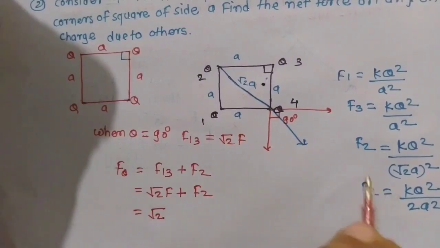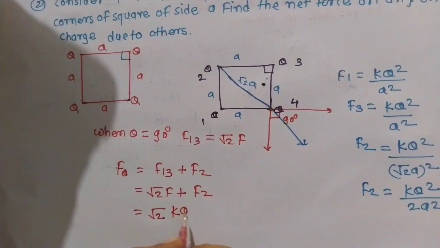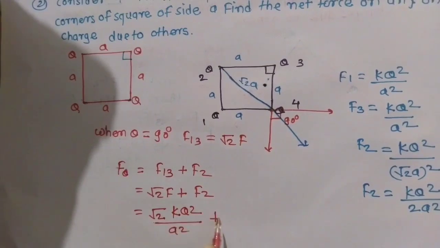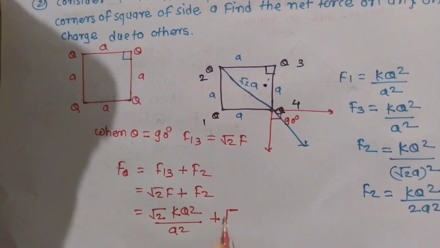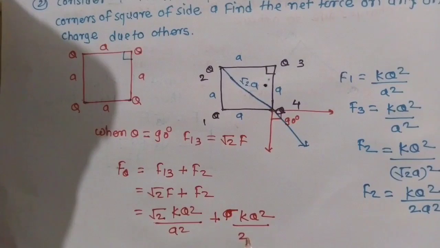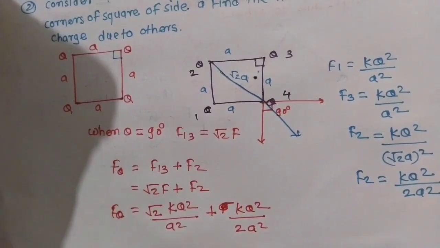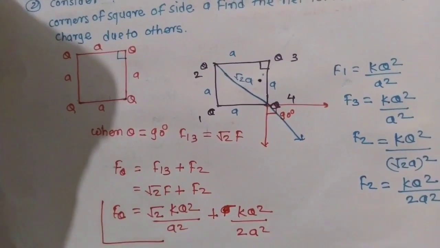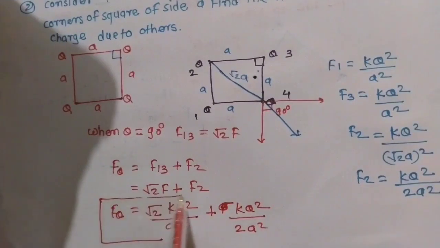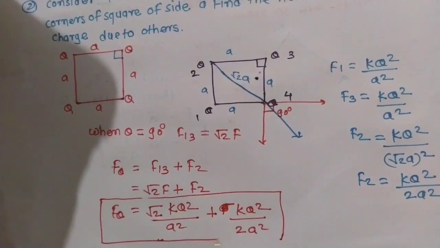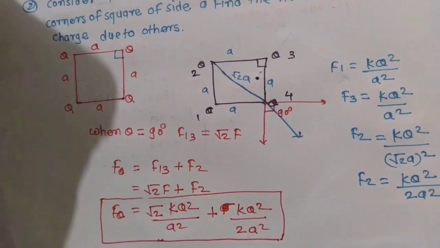It is root 2 times, where the value of F is K Q square upon A square, plus F2, which is K Q square upon twice A square. This is the net force on any one charge due to the other three charges. This is the value of the net force.